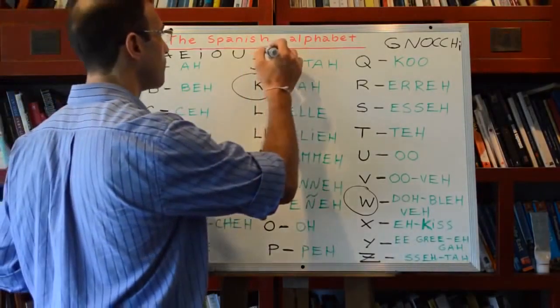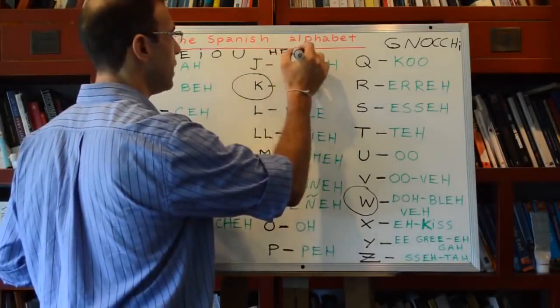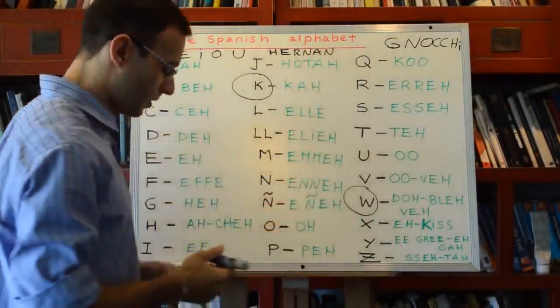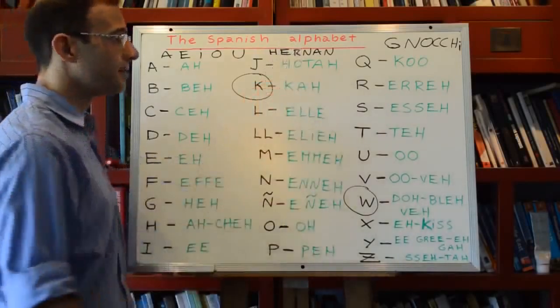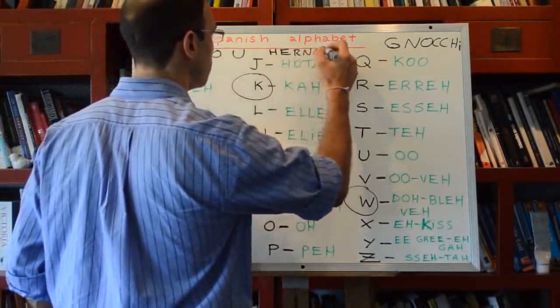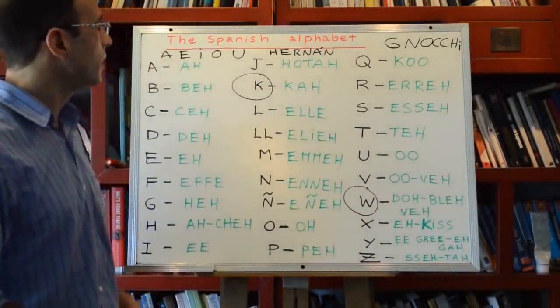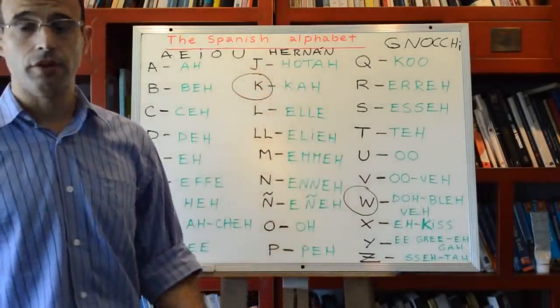For example, there is a very common Spanish name that I frequently hear that it's very hard to pronounce in English. Hernán. Okay? This has an accent here. So the H is mute, as I said before.